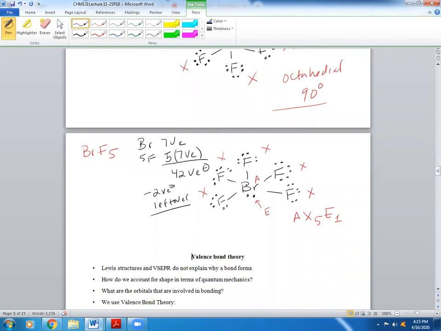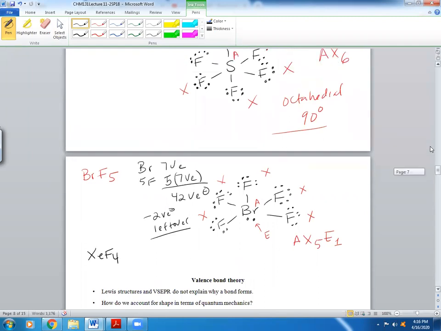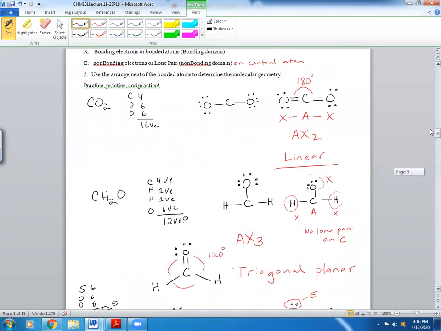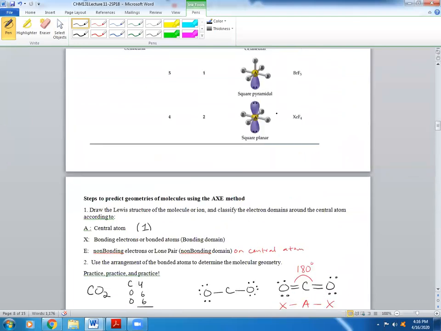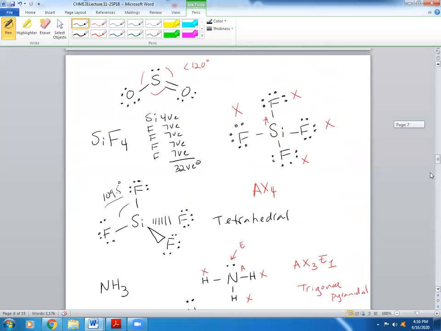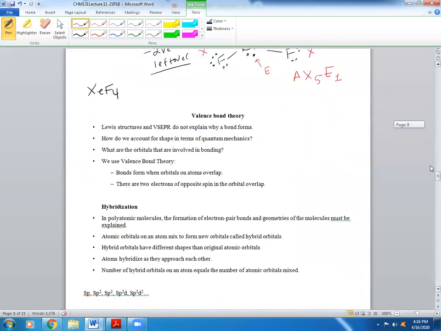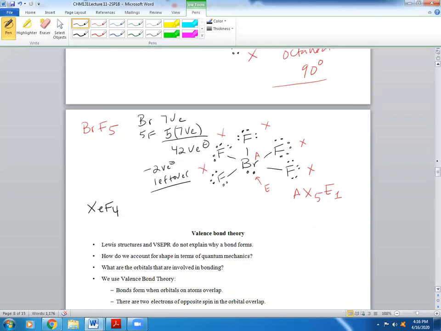You should be able to verify other ones. You have enough problems in the homework. So you should be able to do XeF4 and verify that it's square planar. I'll tell you why. Make sure you correctly predict the number of electrons.